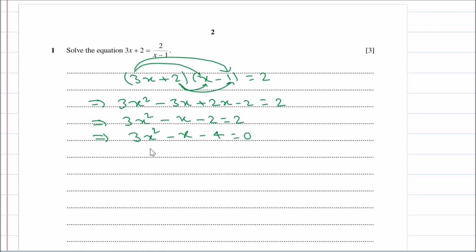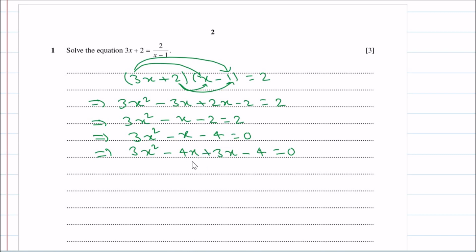Okay. Now we can factorize this and we can write here 3x square minus 4x plus 3x minus 4 is equal to 0. See, why did I split the middle term minus x as minus 4x plus 3x?